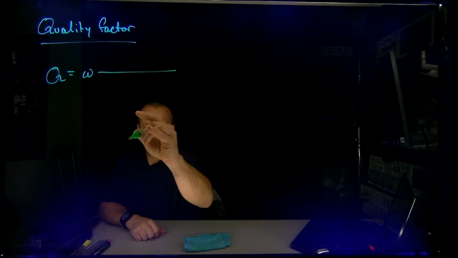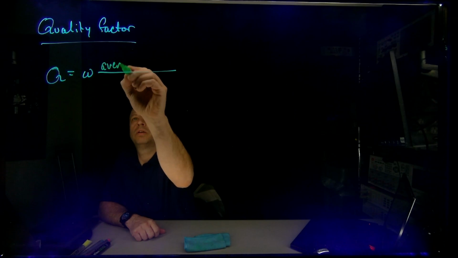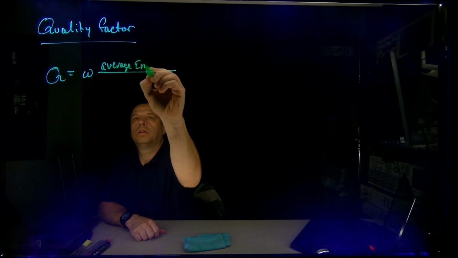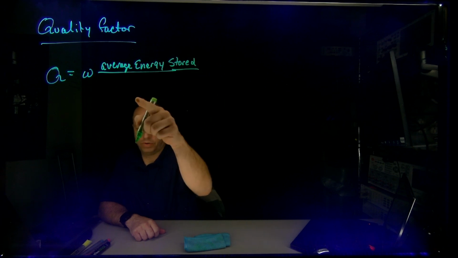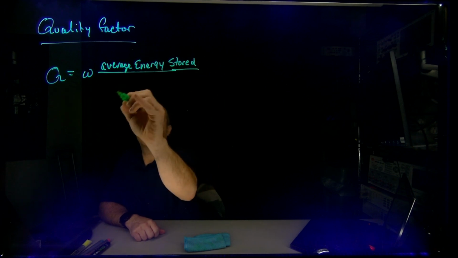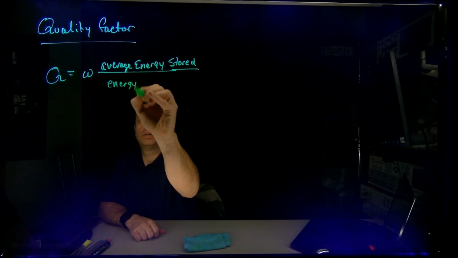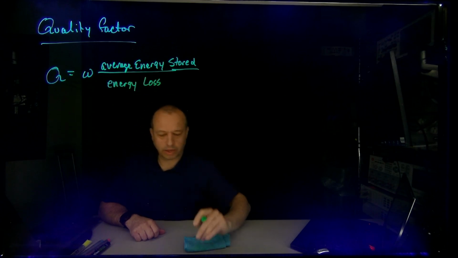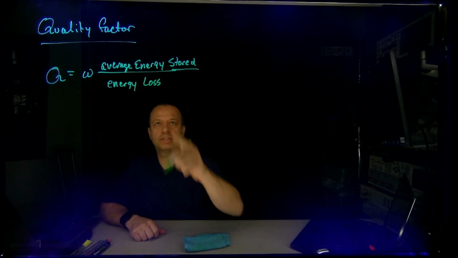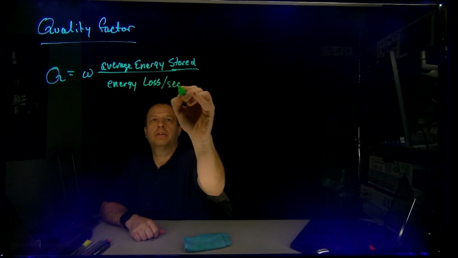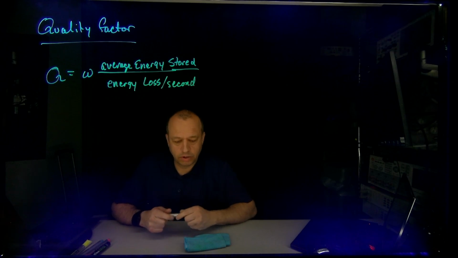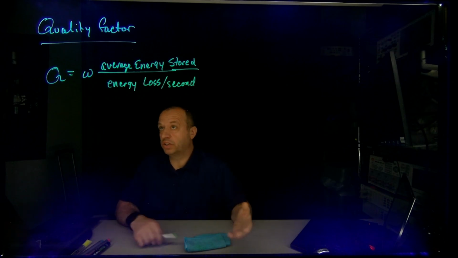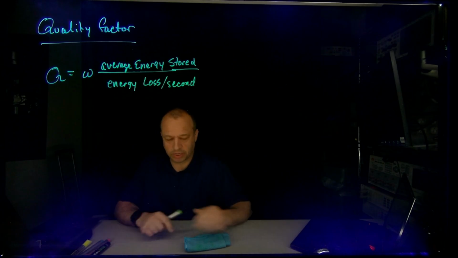And there is this average energy stored over your energy loss. Okay? And this is energy loss per second. So it's basically the measurement of loss in a circuit. We want to know how much we're losing in this whole circuit.